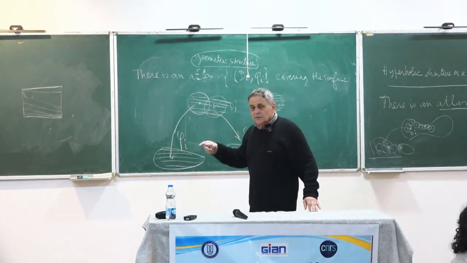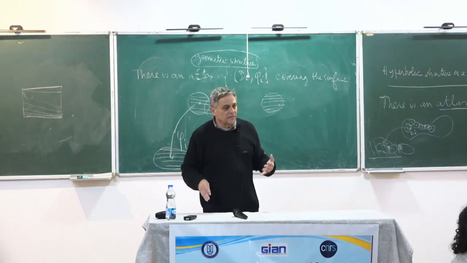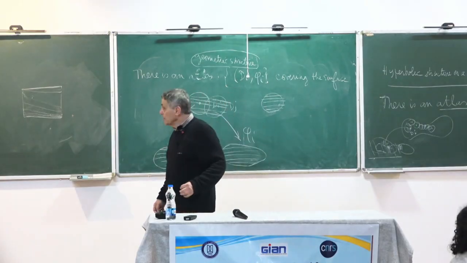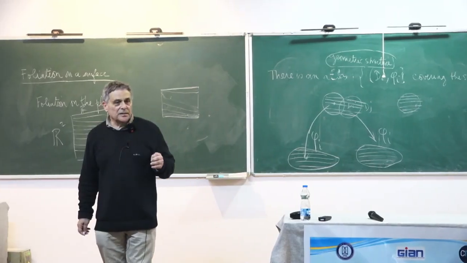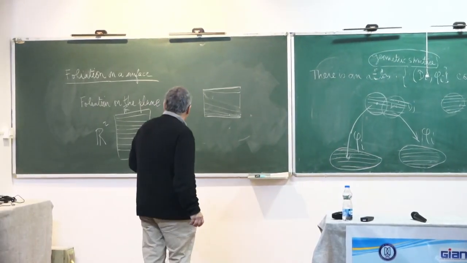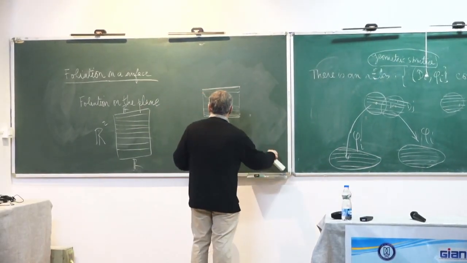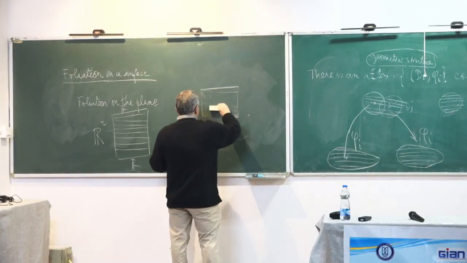When you go, for instance, to dimension 3, you attain very difficult problems. I think there was a question for many years whether you see this foliation here. I can also make it differently.